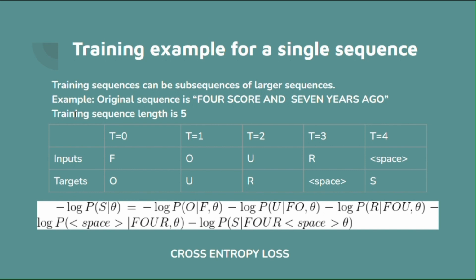Then you can take probabilities of the actual next tokens, which are the targets, take their log and sum them up, or take the negative log and sum them up to get the final negative log likelihood loss that we were discussing so far. But if you look at it at the individual token level, it is actually the cross entropy loss given the probability distribution over the vocabulary and the actual next token. So you'll actually be using PyTorch's cross entropy loss to implement this negative log likelihood concept that we discussed.